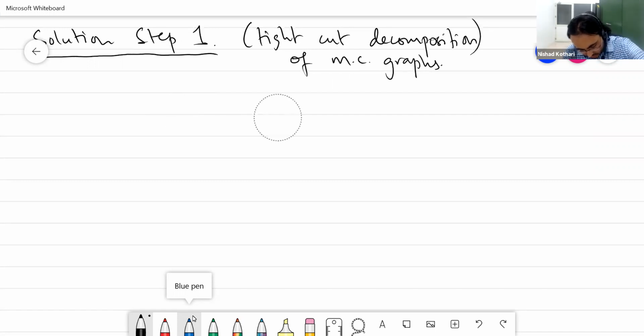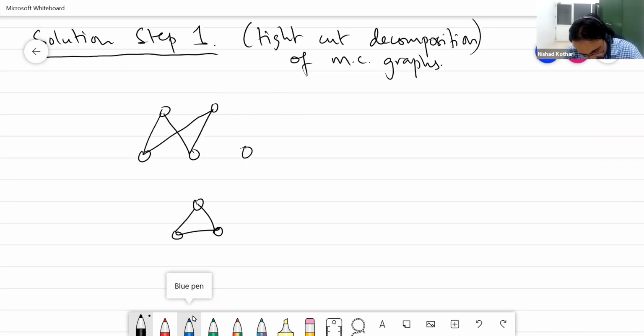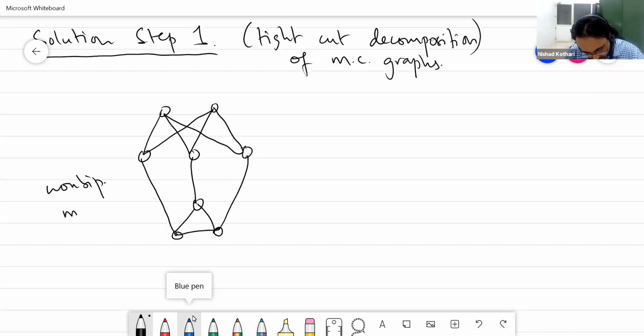Okay, so consider the following graph. Trust me, this is a non-bipartite, which is easy to see, matching covered graph.